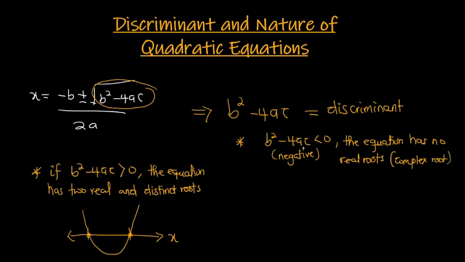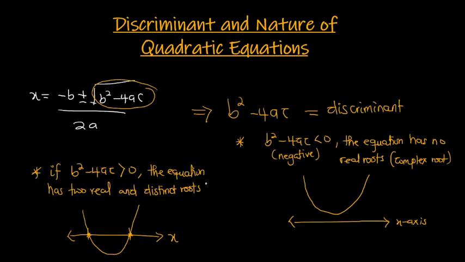Now, this type of graph, if you plot it, you realize that if you have the x-axis, and you plot this type of graph, you see that the curve, the parabola, will not cut the x-axis at any point. So for you to get the x value that makes the quadratic equation equal to 0, it has to be a complex number since it has not cut the x-axis.